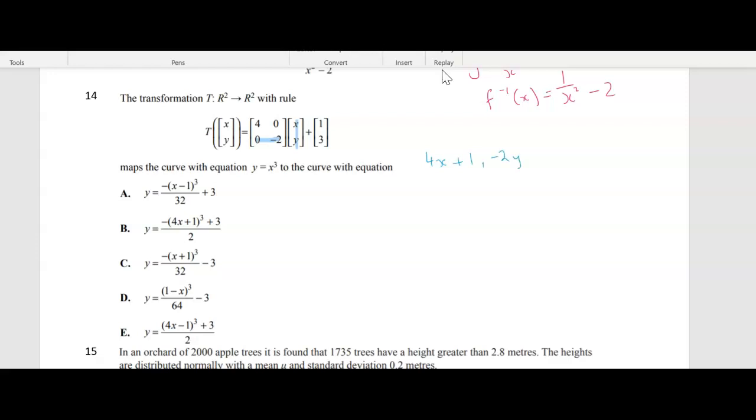And then we've got the plus 3. So your point x, y, or might just say x, f of x, becomes this. So what you can do is just think about my transformations.